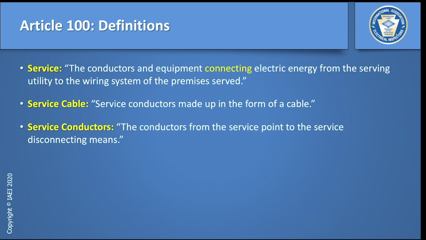They're using two terms. They're using a term in a term. In a service cable, you have service conductors, but you have to understand what a service conductor is. And a service conductor are the conductors from the service point to the service disconnecting means. There's two more terms, a service disconnecting means and the service point.